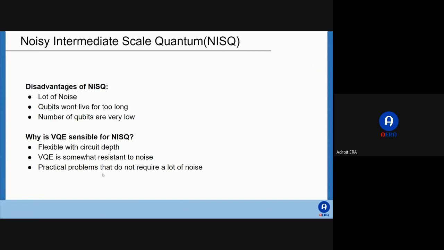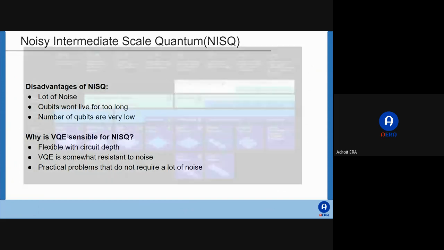So for practical problems that do not require a lot of noise consideration, for example, if you want to compute a practical problem, then you don't need to take noise into consideration. So VQE works on practical problems. For example, finding H2 is a practical problem, right? Finding the ground state of H2 is a practical problem.